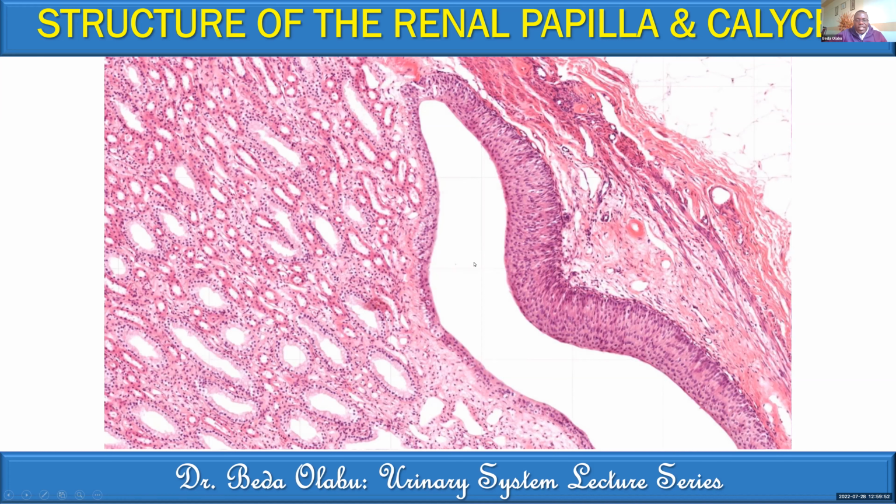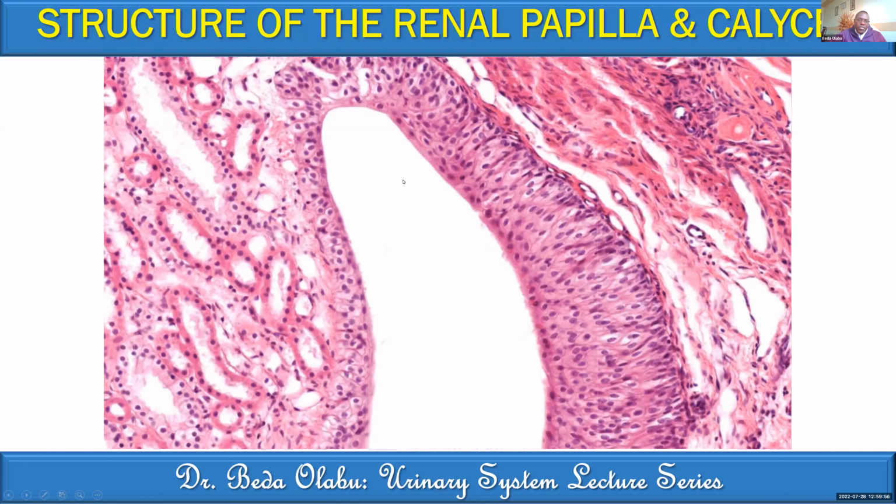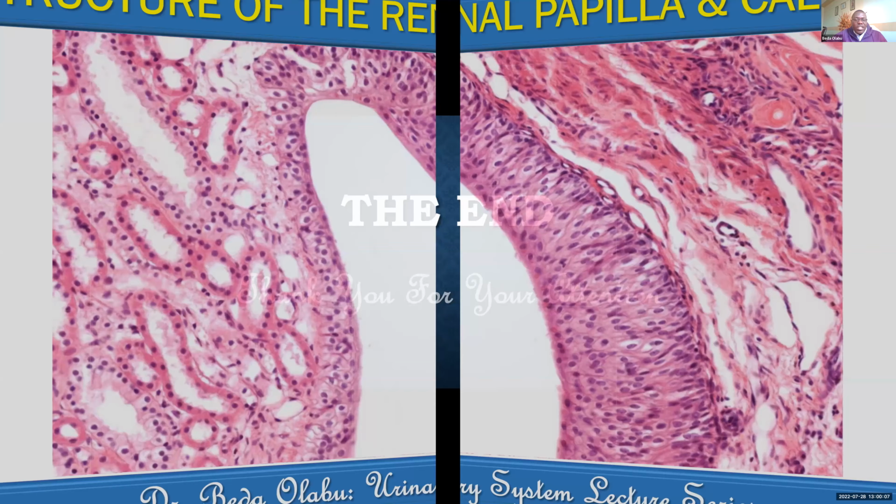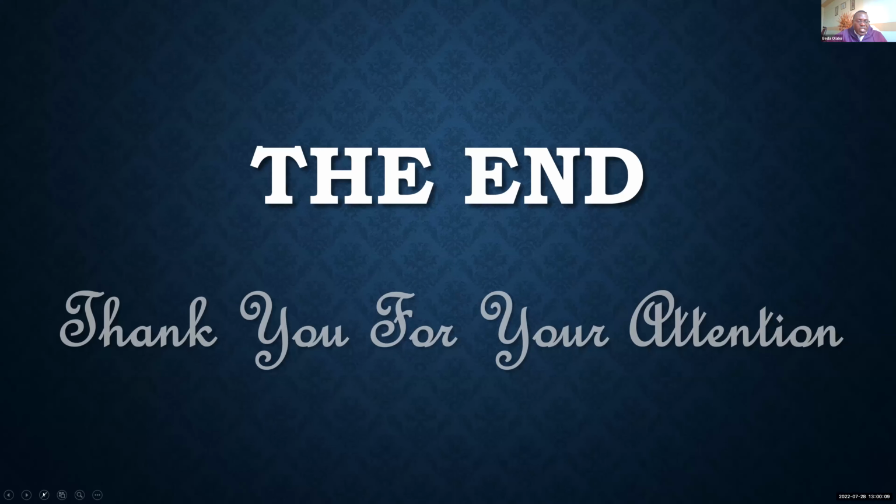Good, so that is it for the histology of the kidney. Much of the information that I want you to take home is largely within the renal parenchyma. Thank you very much. So that will be the end of this particular session, this second session that focused on the structure of the nephron and histological structure of the kidney itself.